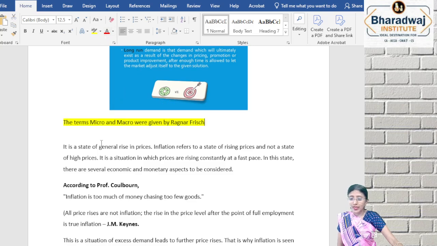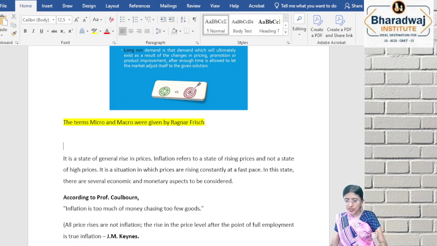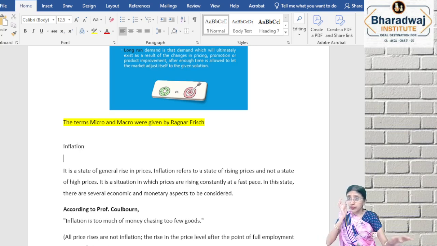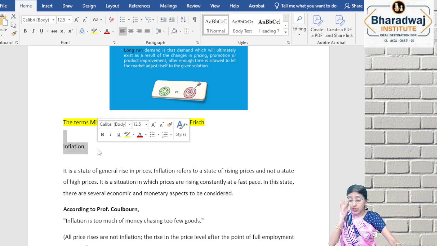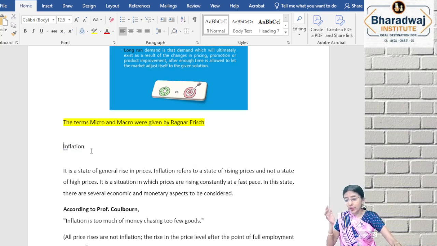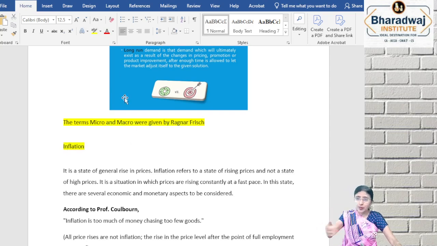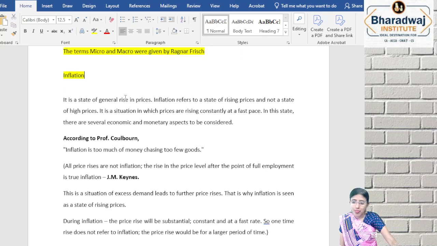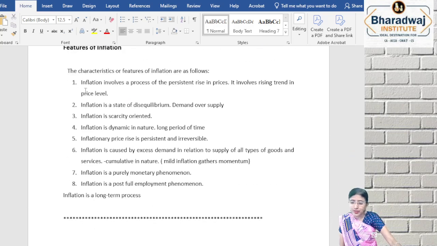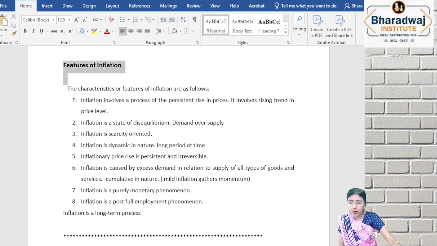Now inflation and business cycle. They don't ask, but a small portion is there in your book. It is not there in the book. I added it, which means in your book it will be there like a Ramayana, in the last chapter, the last page. They have removed that. They are not asking, so I removed it.